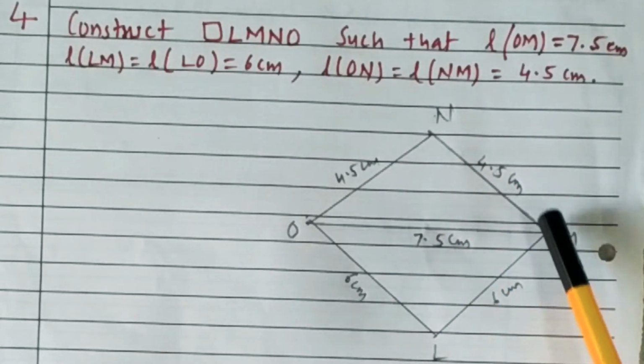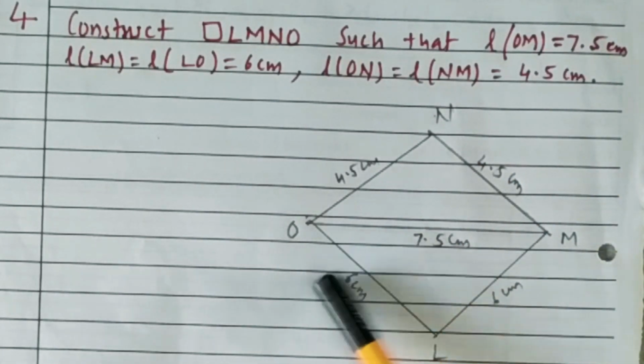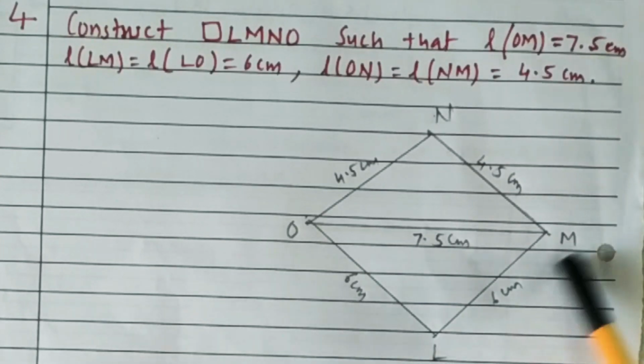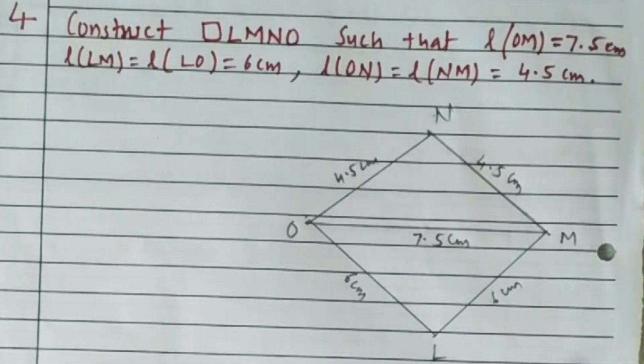From M, same distance, draw another arc. Then from O, length 6 centimeter, draw the arc down below the segment OM, and one from M also, same length, intersect the arc, then join the points and you will get the quadrilateral LMNO.